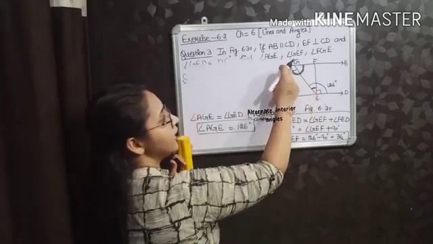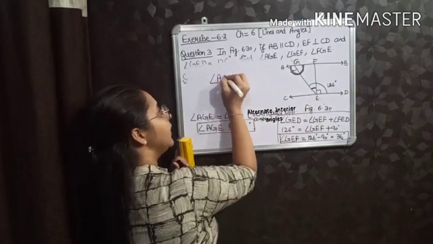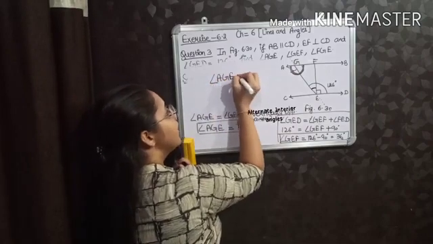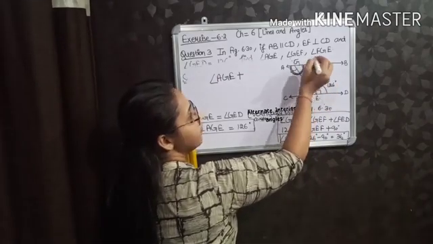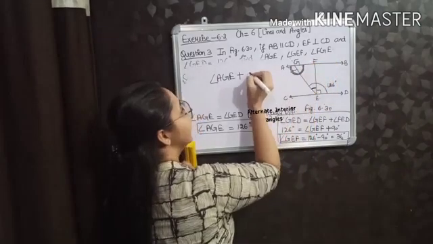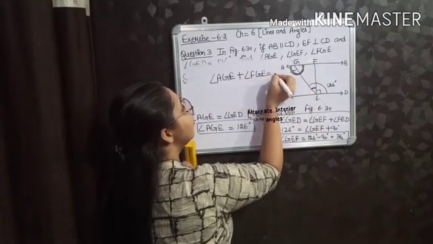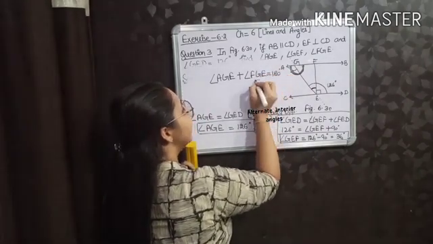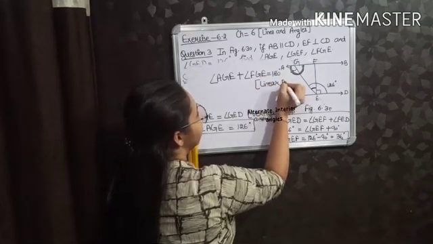So you can write angle AGE, this part, plus angle EGF or FGE, angle FGE. This is equal to 180 degree. Why? Because linear pair. Okay.